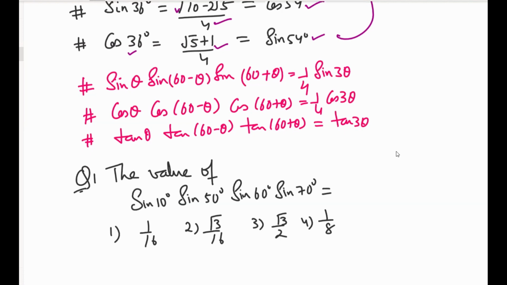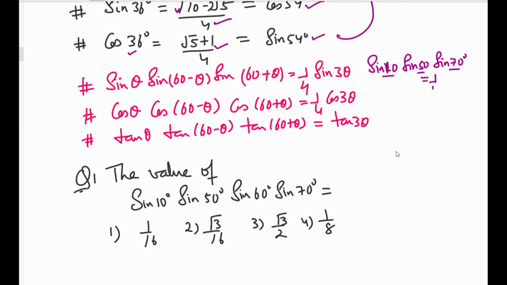That means whenever the relation in the angles is of this type, for example sine 10 degree, sine 60 minus 10, that is 50, and sine 60 plus 10, sine of 70 degree, the angles are following the relation of theta, 60 minus theta and 60 plus theta.